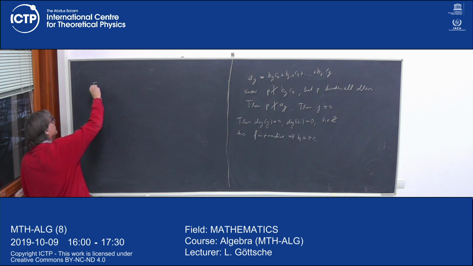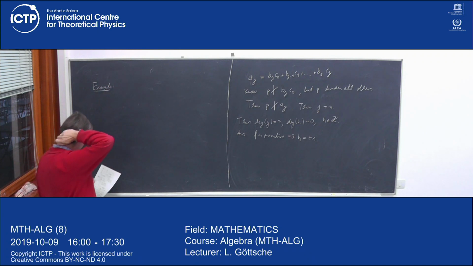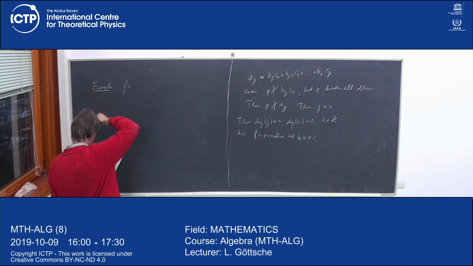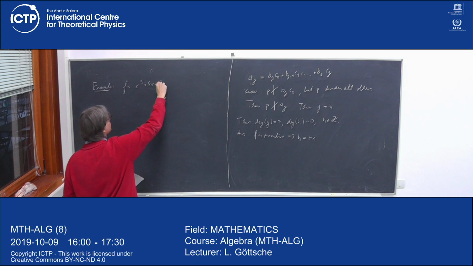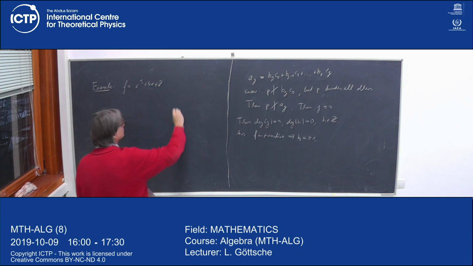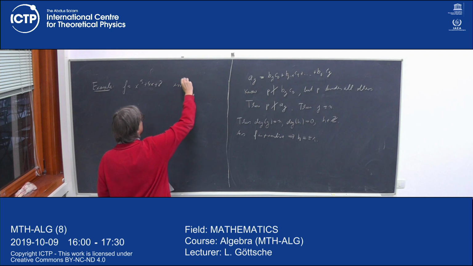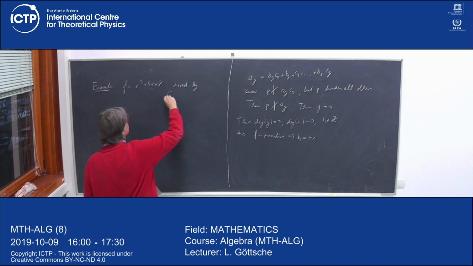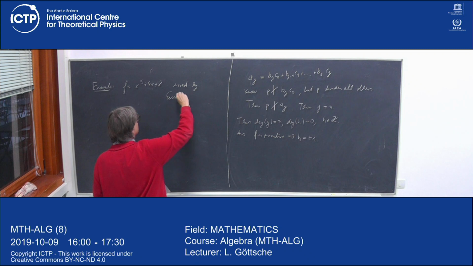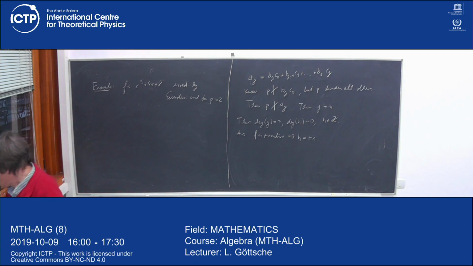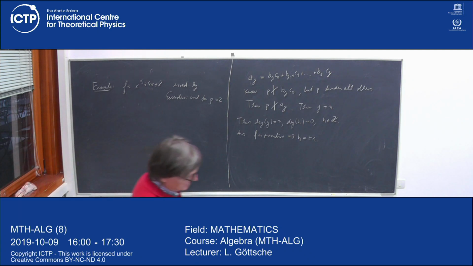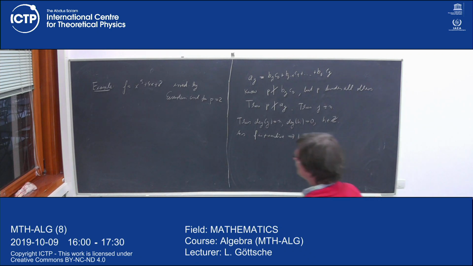So, an example. If I take f equal to, say, x to the 5 plus 4x plus 2, obviously this is irreducible by the Eisenstein criterion for the prime number 2. And you can see in this example that it's really trivial to check.